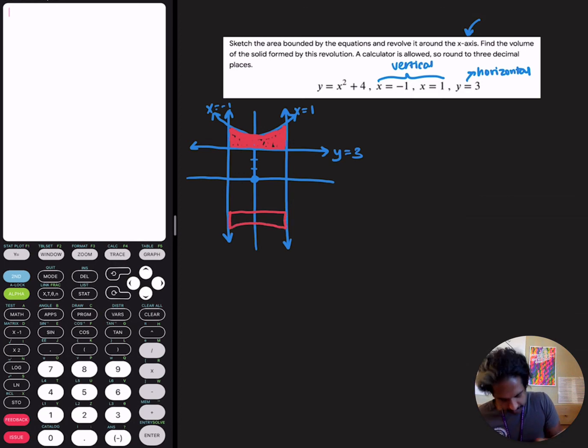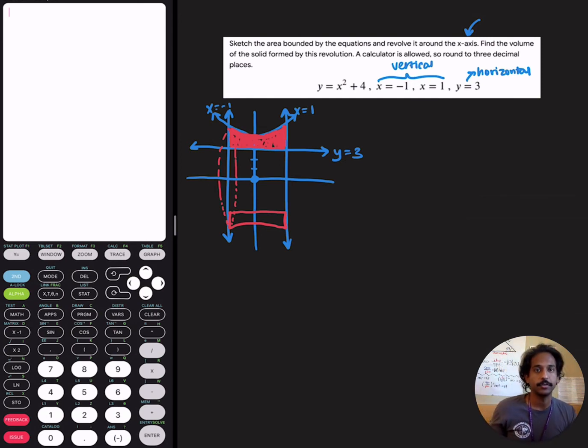It'll look something like that. And so this whole thing will rotate around and make some sort of weird vase type thing where there's a solid and then there's that empty space inside. Well, how do we figure out how to calculate this integral?